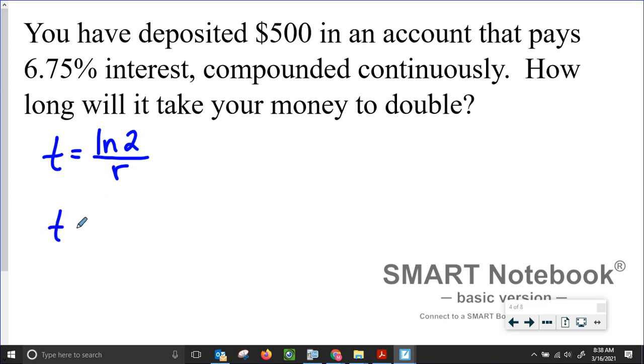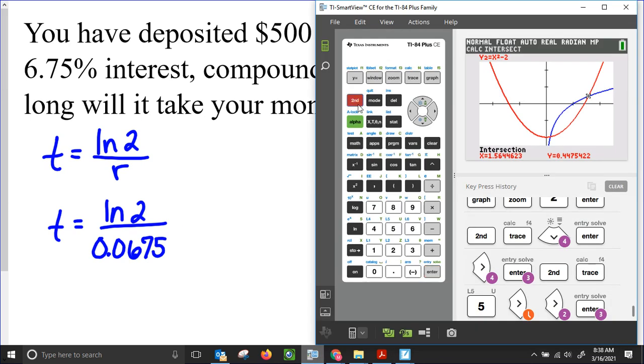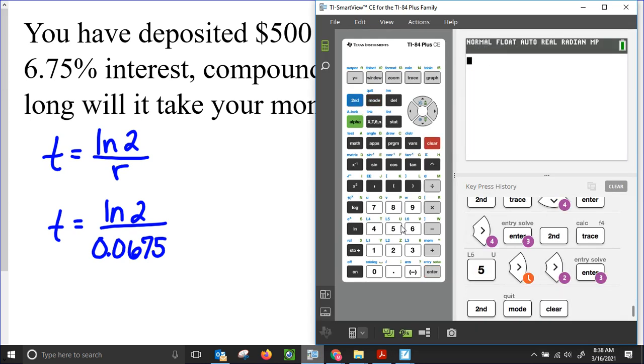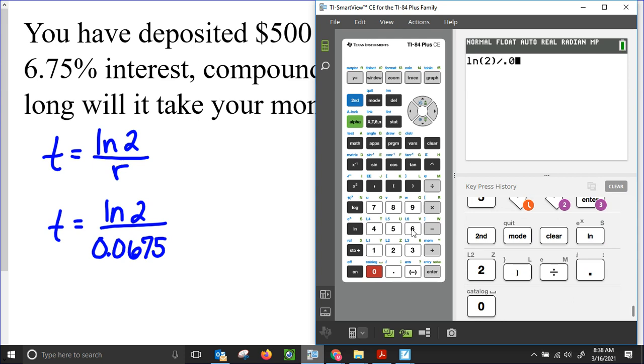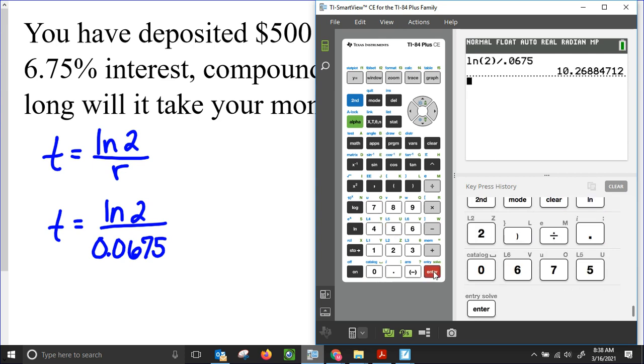All right, so all we really have to do is say T is equal to ln of 2 divided by the interest rate. Remember, we do have to write that as a decimal, so 0.0675. We can just come to our calculator here, and we can say ln of 2 divided by 0.0675.